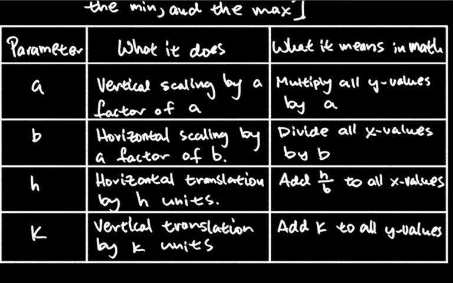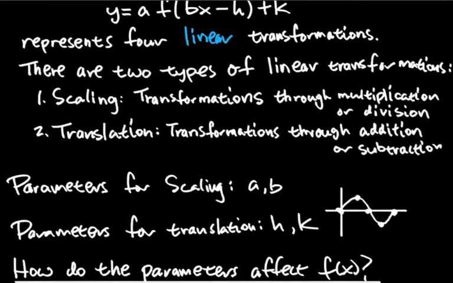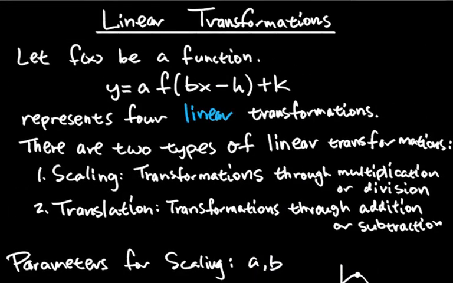So A, B, H, and K. A tells us that we're going to be doing a vertical scaling. Vertical just means y value stuff, as you can see from the fact that it is multiplied outside of the function up here. So that's going to apply to the y values.